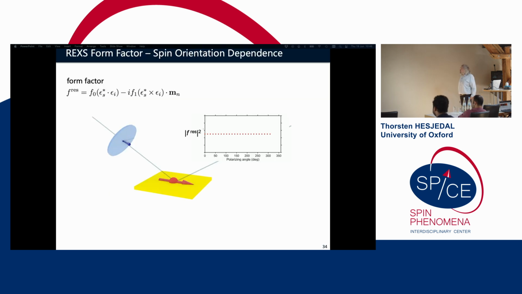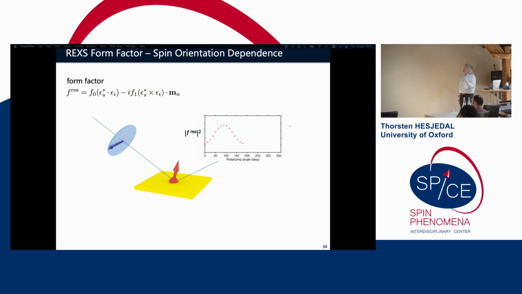Okay, so this is an animation for a linear polarization. We just look at the linear polarization vector rotating around. This gives us the x-axis in this plot. It's a polarization angle from 0 through 360. And what we do here is we look at the spin as it's moving from the plane to the out-of-plane direction. As you can see, the absolute form factor is maximal if this angle is at 45 degrees.